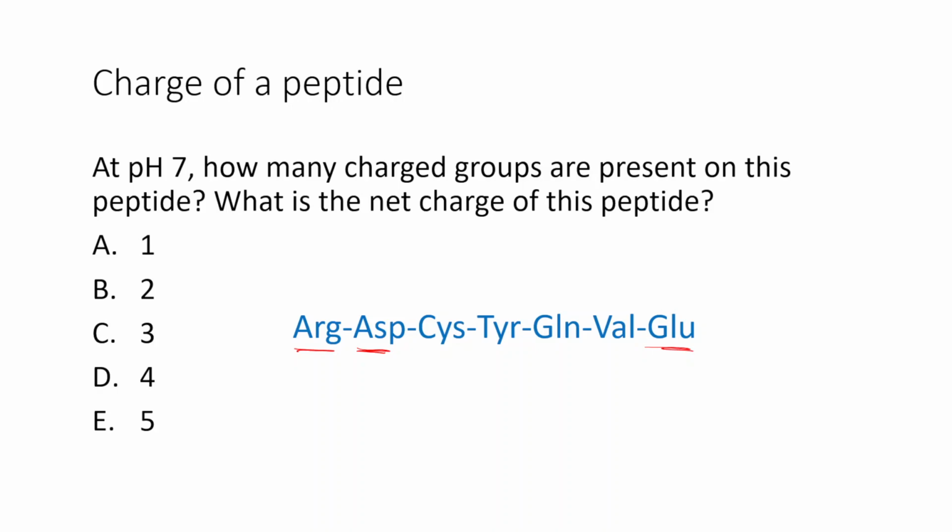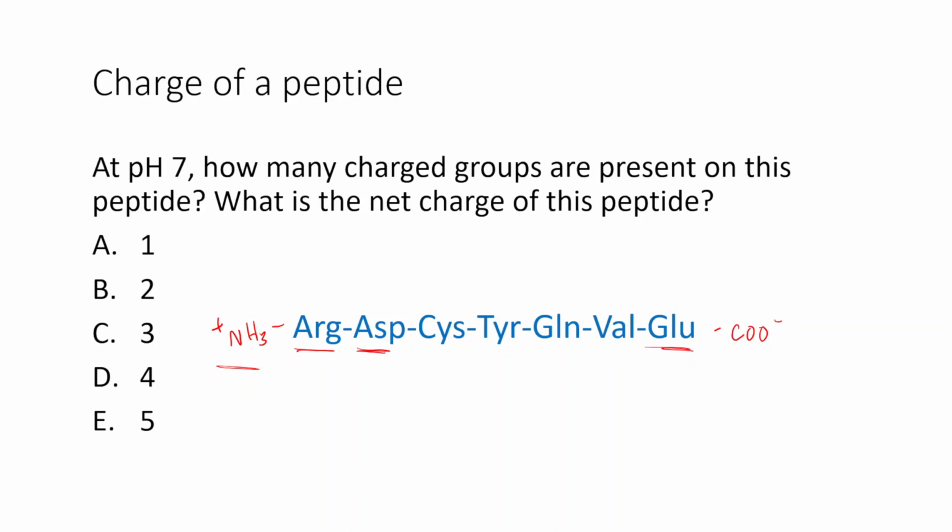That is true. But if we're not at a pH of 7, it's also really important to think about our terminal carboxyl group and our terminal amino group. At pH 7, for most terminal amino groups the pK is around 9 or 10, so pH 7 is below that.